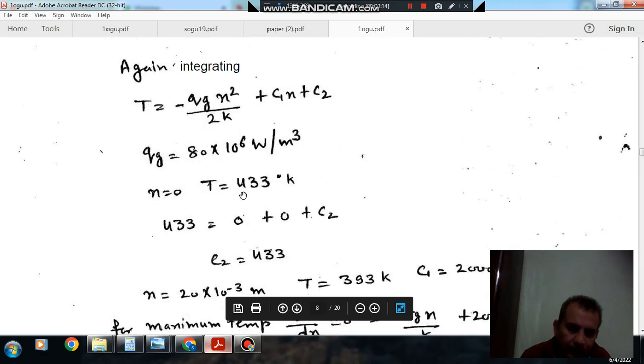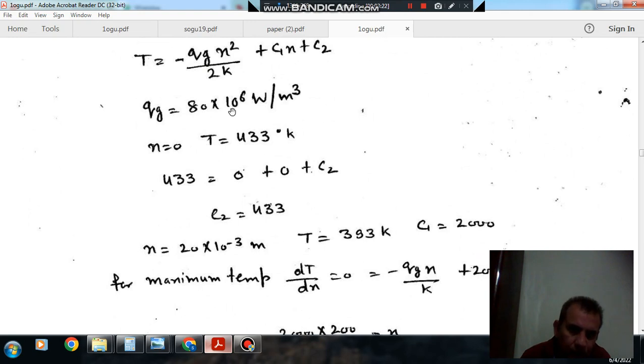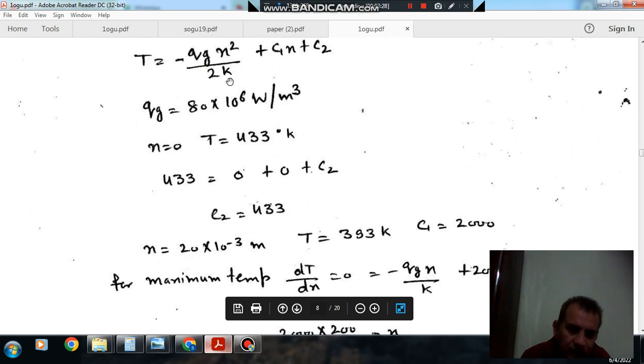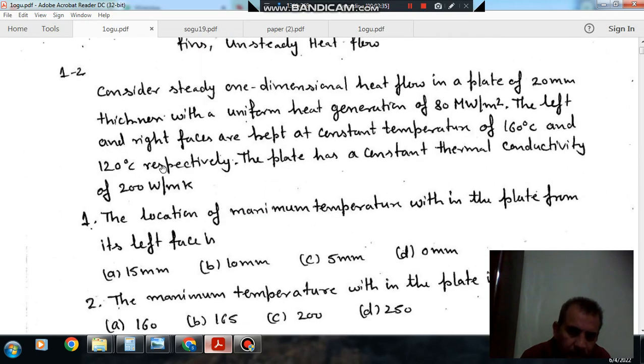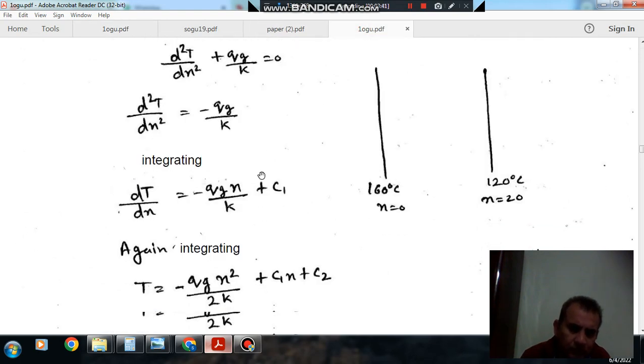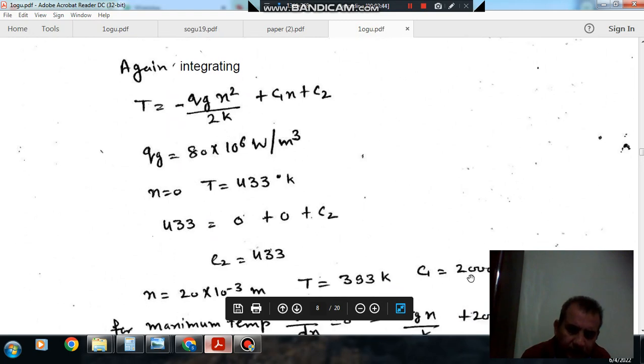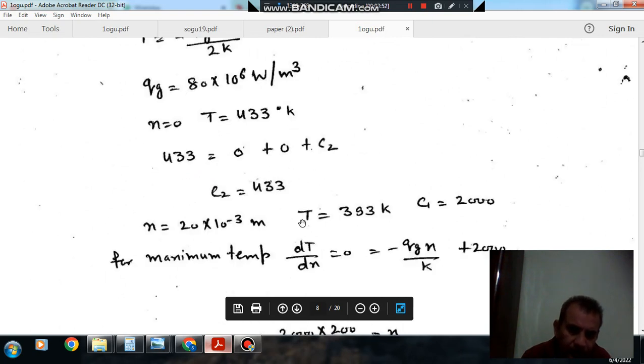We put x equal to 20 here, so this will be qg, 10 power 6, multiplied by 20 into 10 power minus 3 square, divided by 2 into k, the conductivity, which is given as 200. From this, by putting in the values, we can get C1 as 2000. Doing some calculation, T is equal to 393 and C1 is 2000.